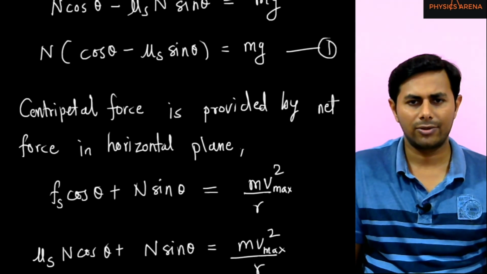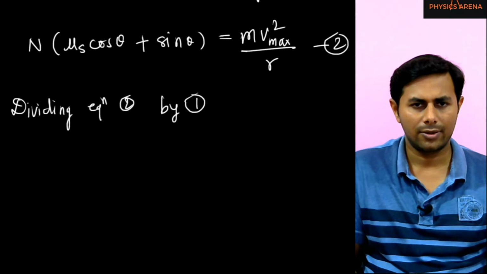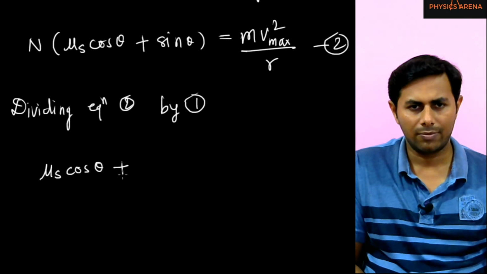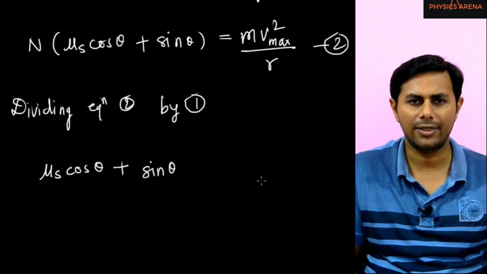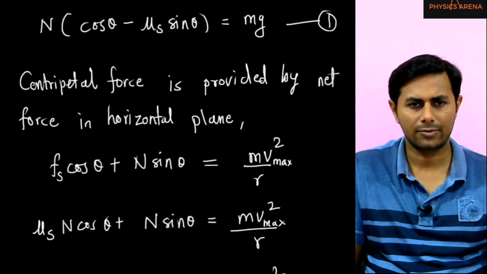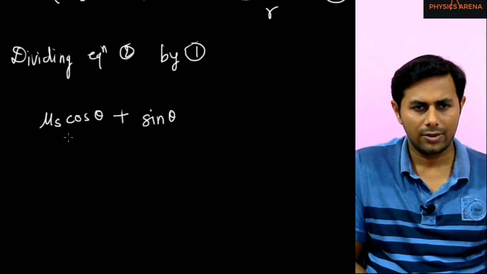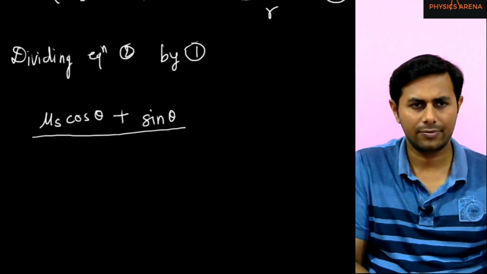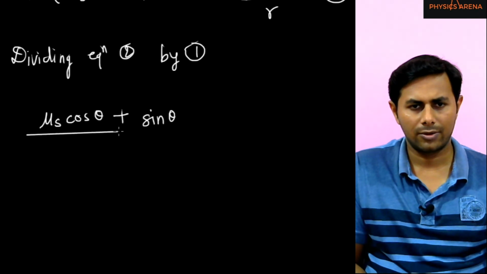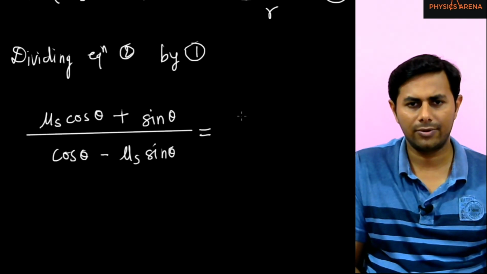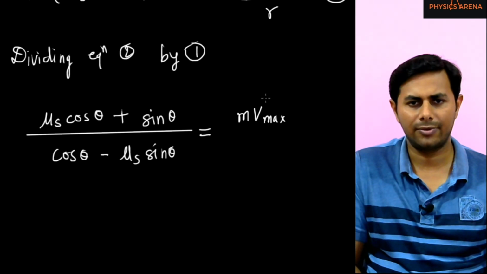What we are left with on the left hand side is (mu s cos theta plus sin theta) divided by (cos theta minus mu s sin theta), which is equal to m times v max squared over r.